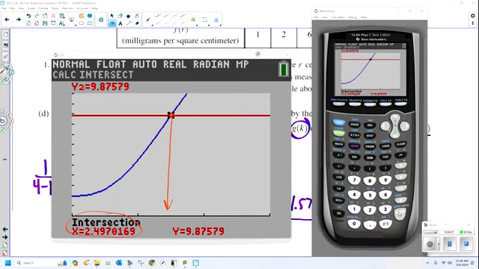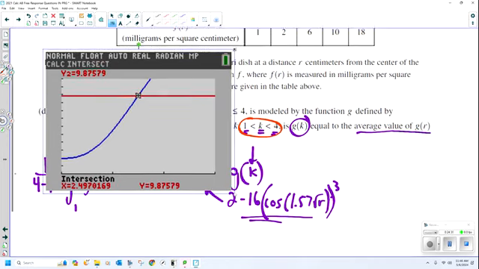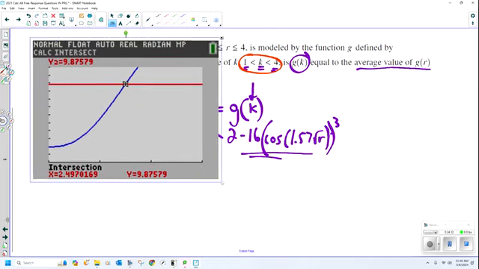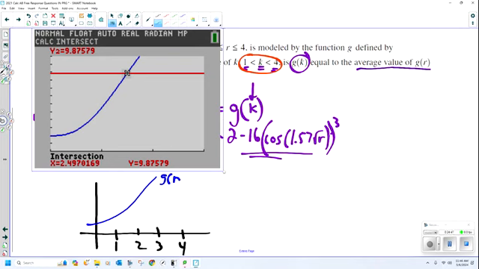Now, on my test, I like to draw the sketch. I like to sketch everything out, if I have the time. I do something that looks like this. And this is G of R. We're going to have like 1, 2, 3, 4. And here is the line right there. This is 9.875.